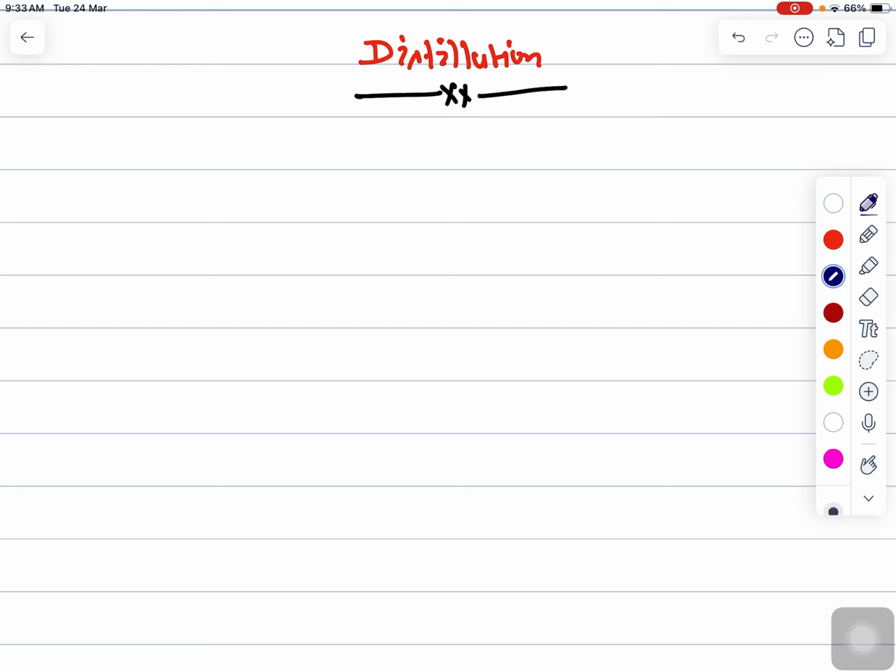So basically what happens, you have two components. Let's say I'm talking about a binary component mixture. So let's say you have two liquids, right? And these liquids are in this flask, having different boiling points. And what happens once you heat this liquid?